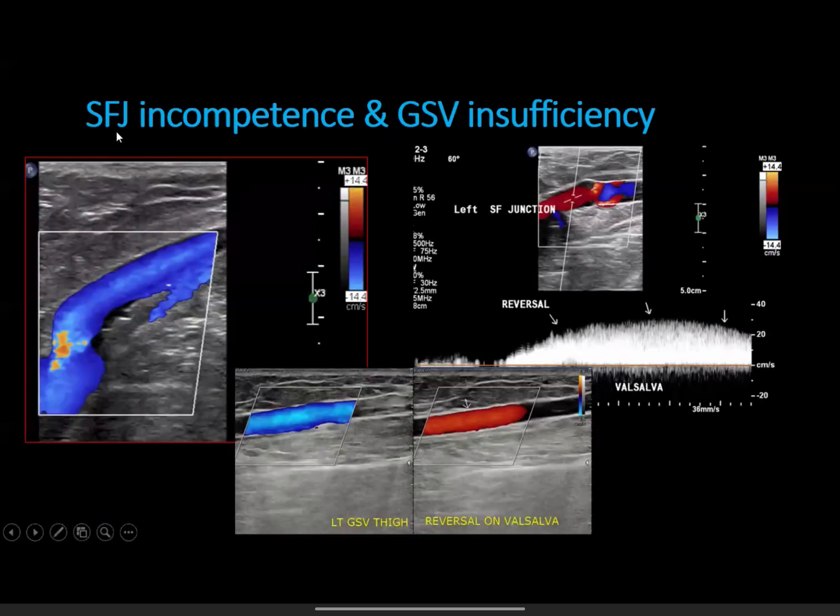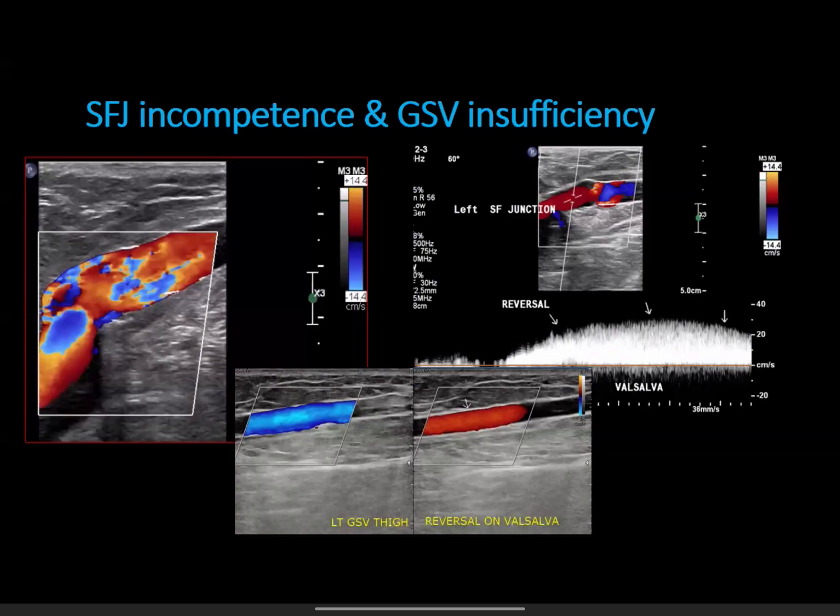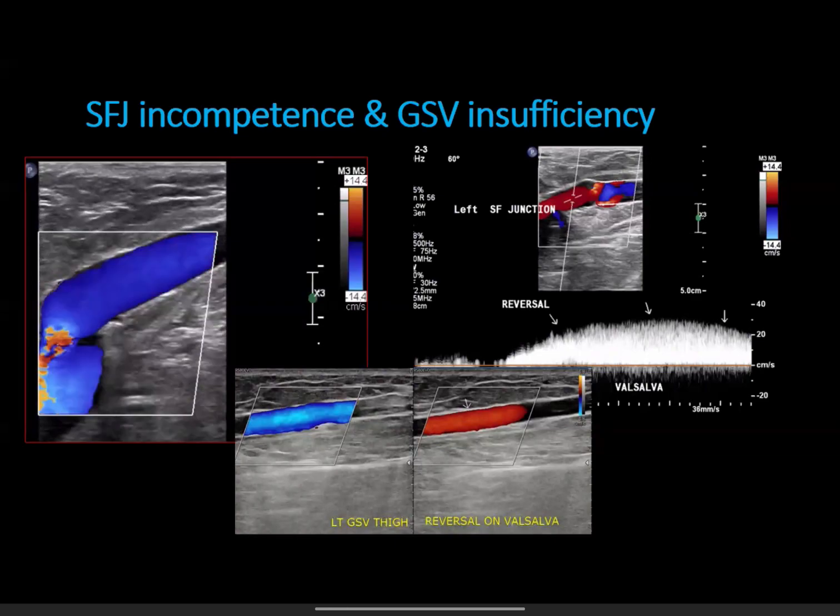Now coming to examine the saphenofemoral junction incompetence and great saphenous venous insufficiency. Let us take this example. This is the saphenofemoral junction. This is the normal direction of the flow. In Valsalva, we see significant reversal.